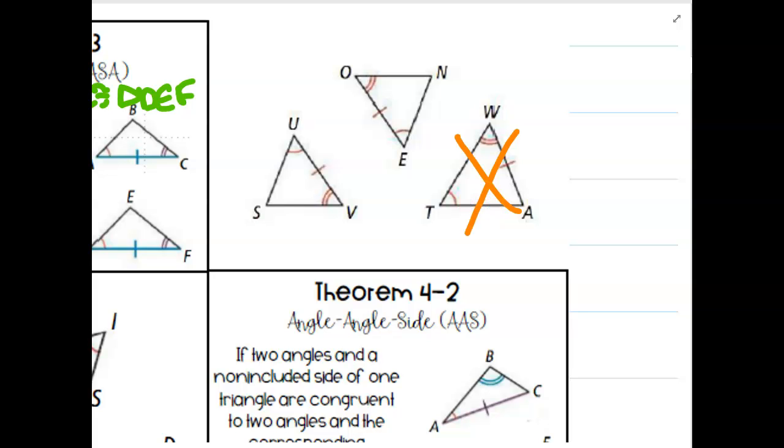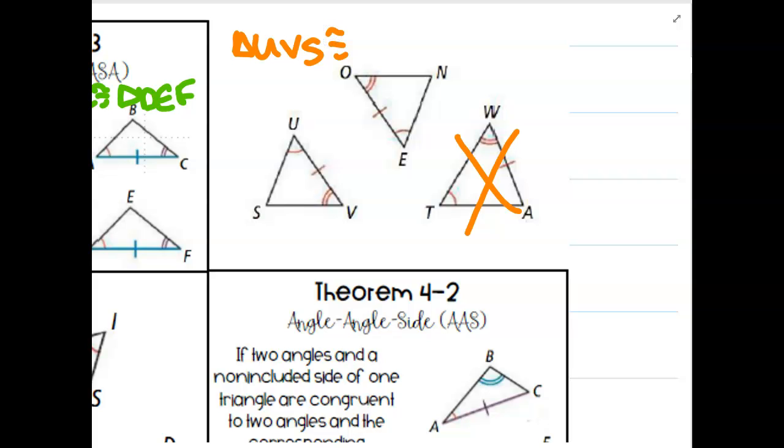Now, if you wanted to say that these are congruent, let's practice naming triangles. If you're going to name congruent triangles, it doesn't matter how you name the first triangle, so maybe I call it UVS.